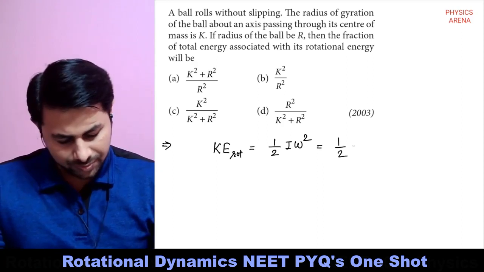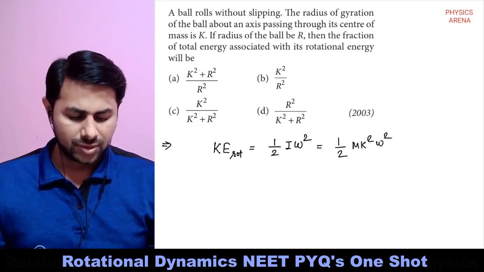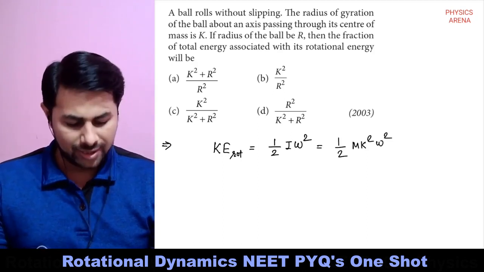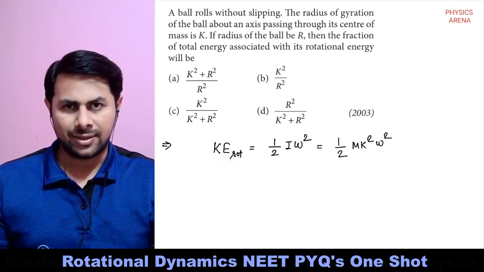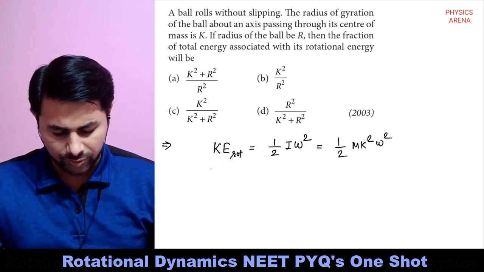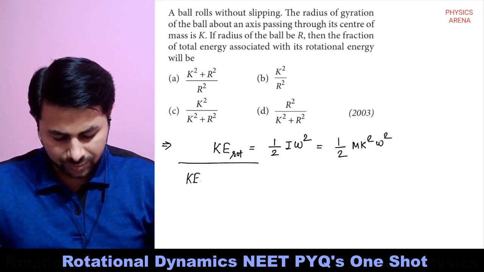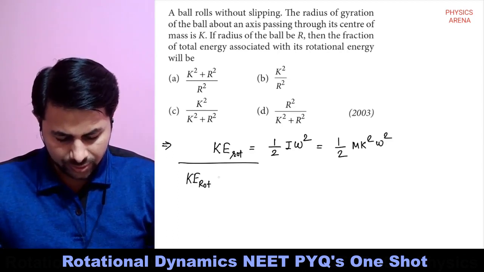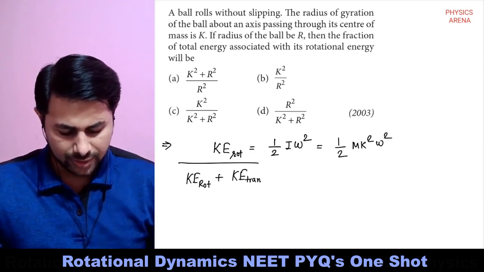I is equal to mk square. So we have half of mk square omega square. It is rotational kinetic energy. Then what is total kinetic energy? We want the ratio of this rotational kinetic energy to total kinetic energy. So KE rotational plus KE translational, right?